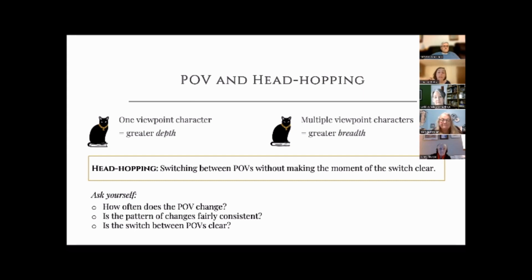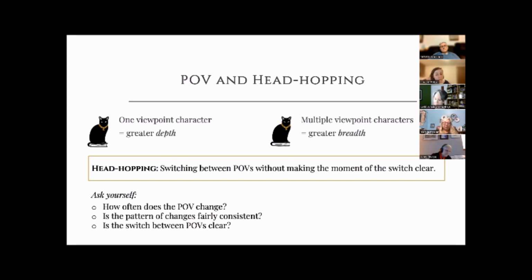However, if you do have multiple viewpoint characters, you need to ask yourself why you're doing it, because sometimes it can be tempting to take the easy way out by switching point of view and jumping around rather than portray a character's thoughts and experiences from outside their perspective.